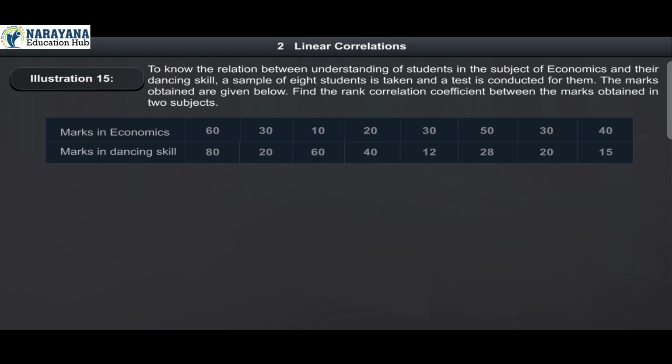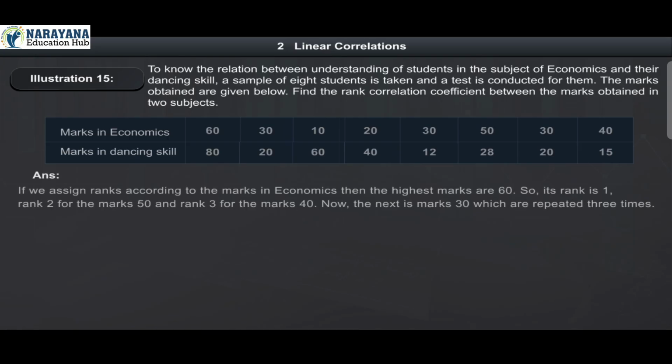Marks in economics, marks in dancing skill: 60, 80; 30, 20; 10, 60; 20, 40; 30, 12; 50, 28; 30, 20; 40, 15. Answer.